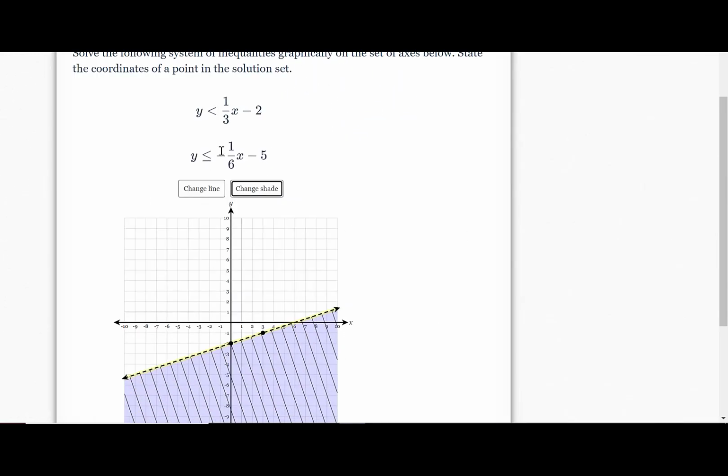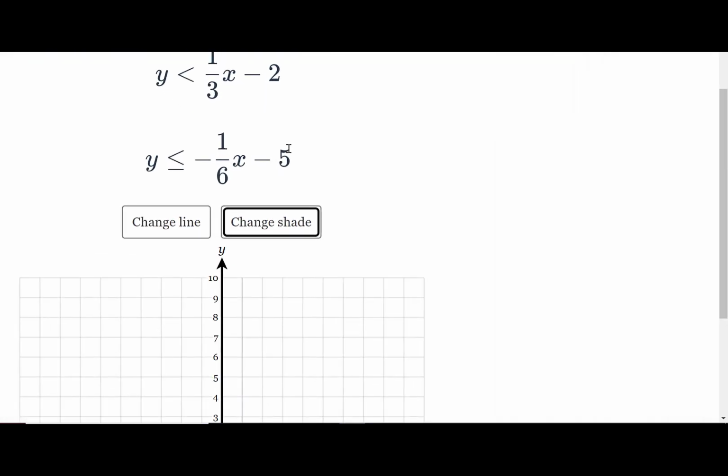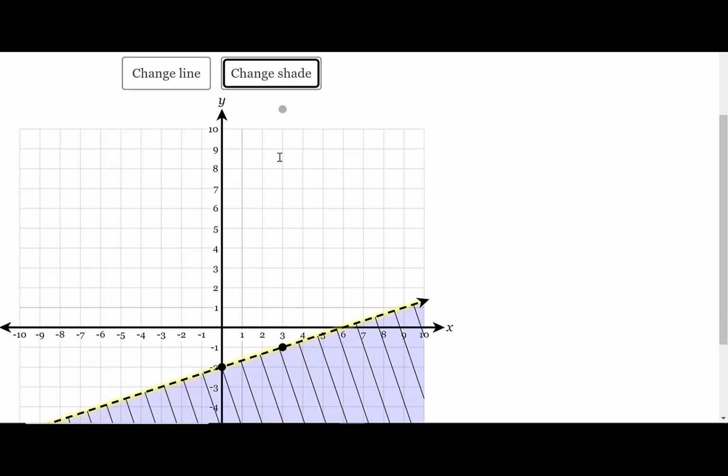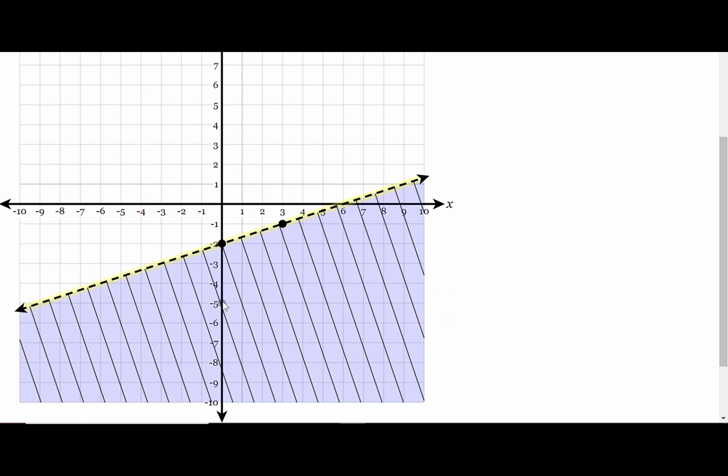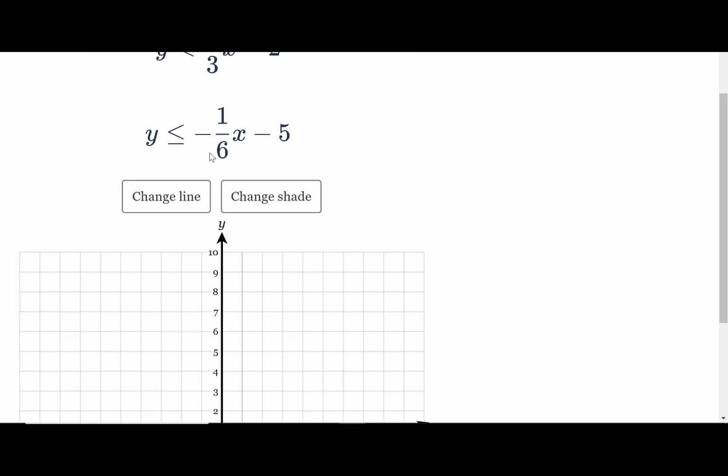Now, you're going to start the next one. Ahora podemos empezar el siguiente. So the y-intercept is -5. That's your first point on the graph. Ahora tu primer punto en la gráfica es -5. Go down, -5. Next, we need to use slope. Ahora necesitamos usar slope. So it's -1 sobre +6.